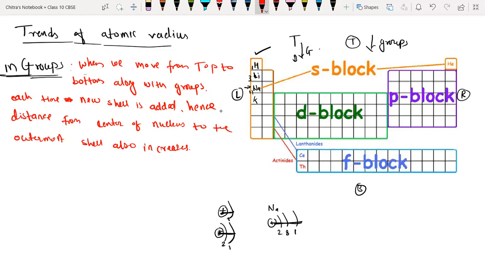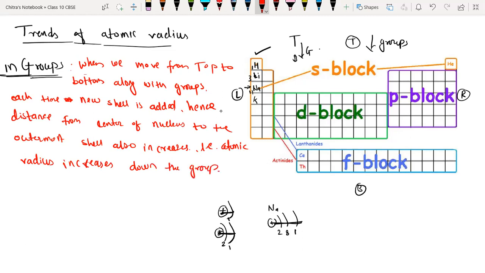Yes, sir. That means that is atomic radius. Atomic radius increases down the group.